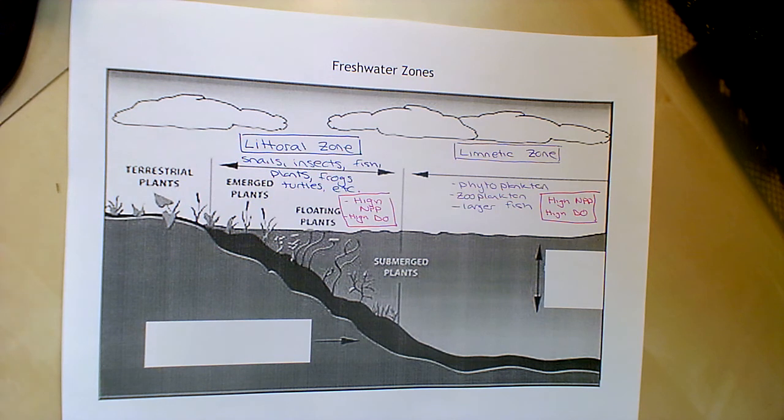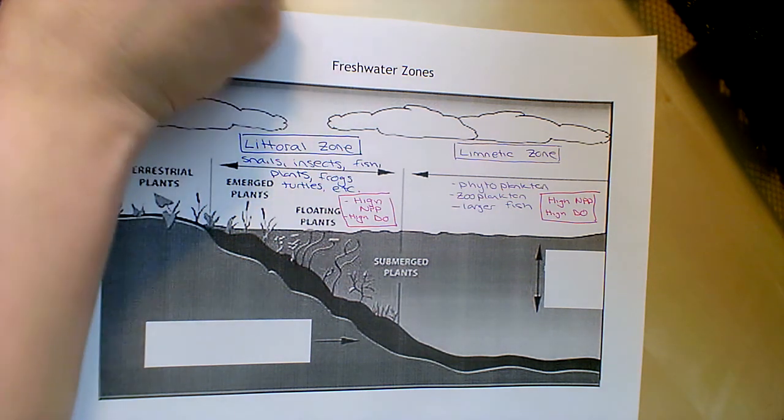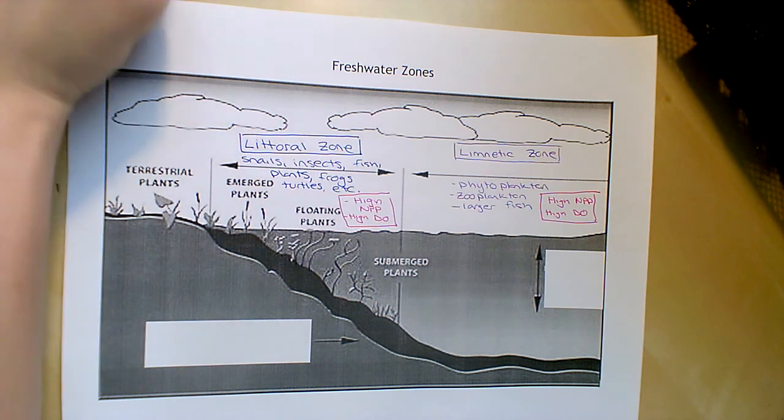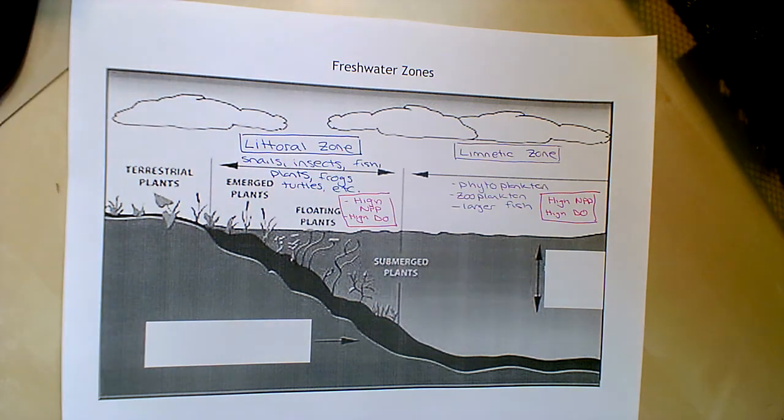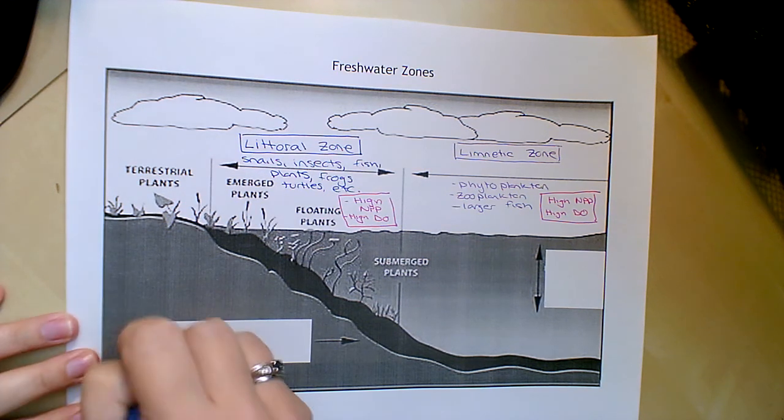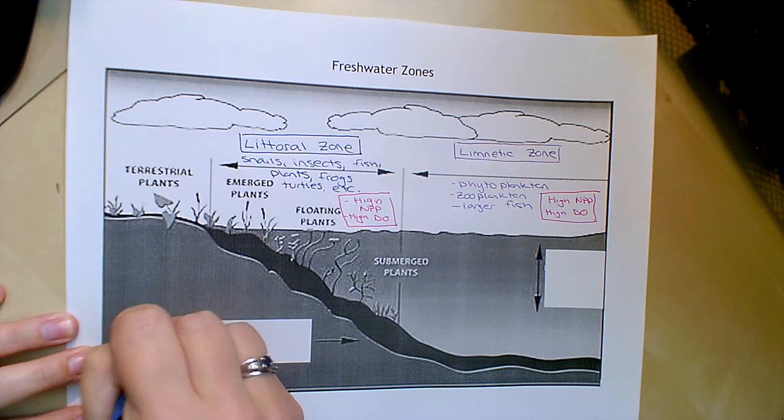We also have a benthic zone. So our benthic zone is going to be, again, along the bottom. So think about benthos from that marine vocab we talked about. Benthic zone is the lake floor, or the freshwater floor.